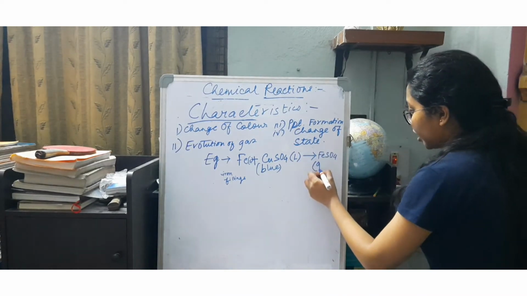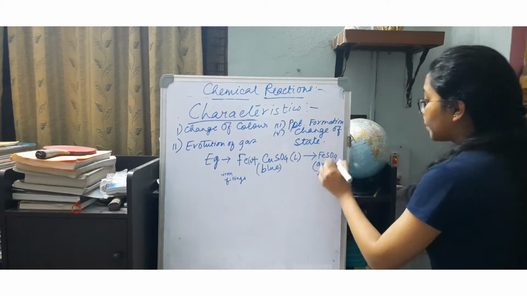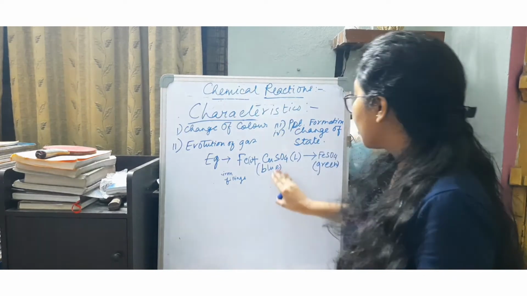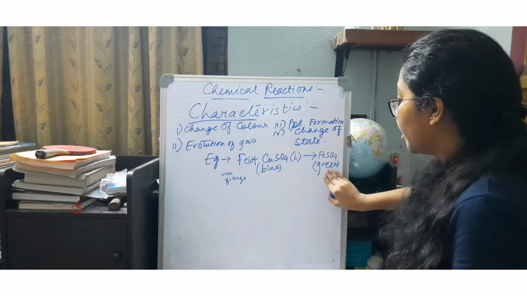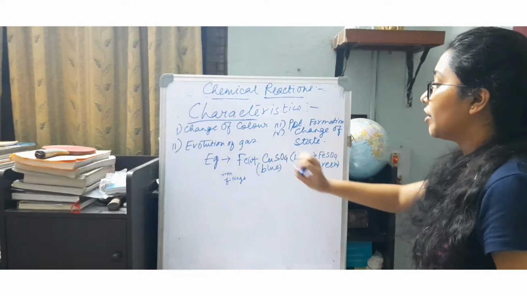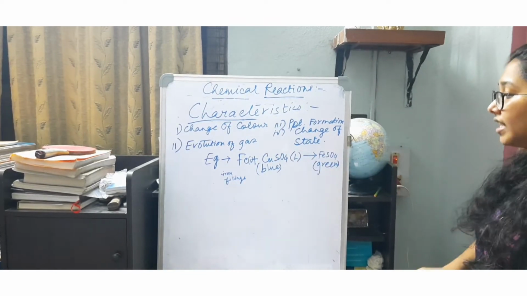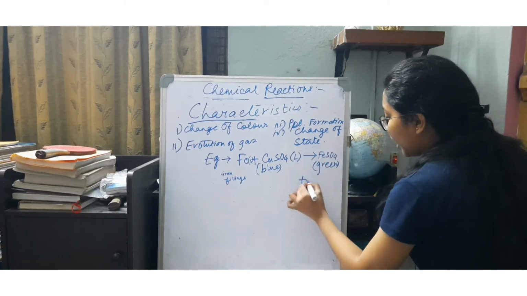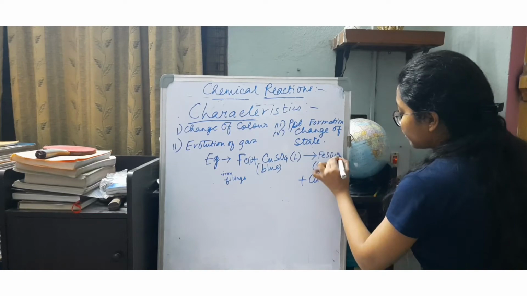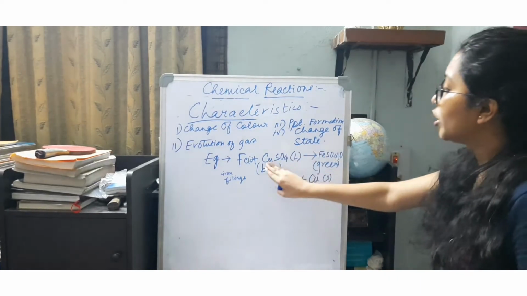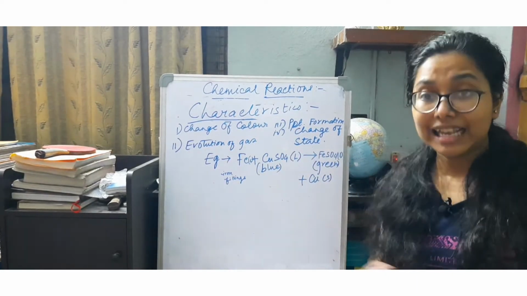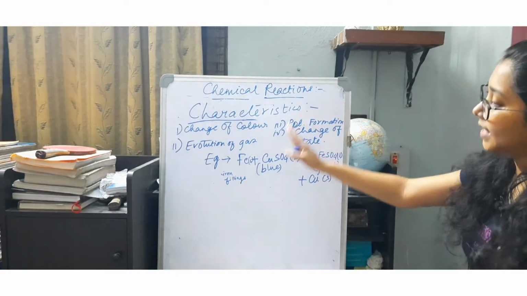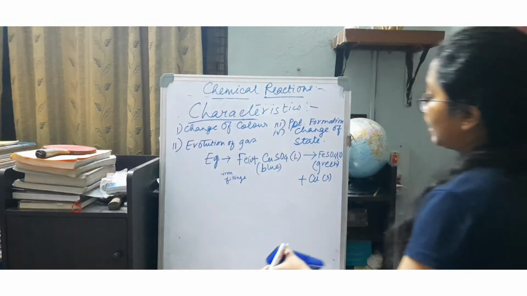Because there is a change in color observed: this solution which was initially blue in color turns green, because initially there was CuSO4, but as the reaction proceeds there is the formation of green colored FeSO4 plus copper. Okay, so this is how the change in color shows that yes, there is a reaction that has occurred. So you can note down this example, you can also get it in other places as well.